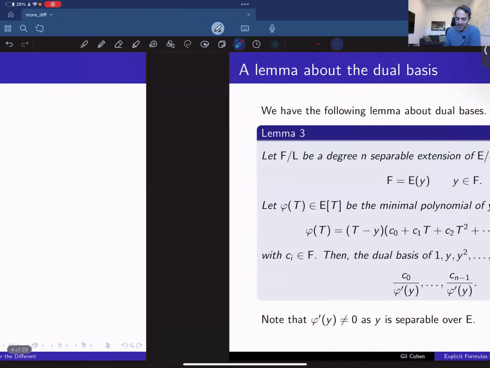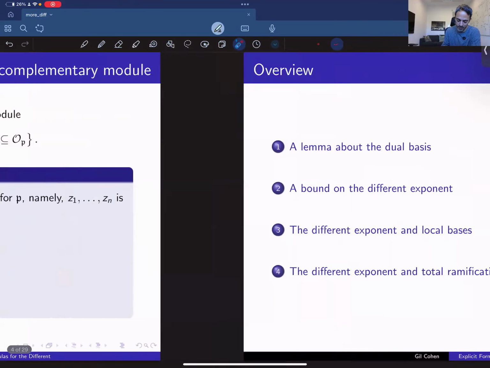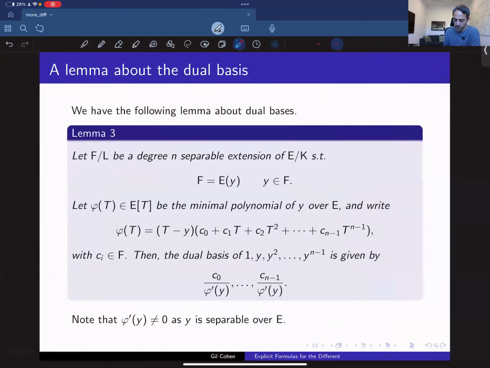Claim 2 tells us that if you chose a local integral basis and you have equality here, then the complementary module is precisely this ring with the zi stars as the dual basis. And lemma 3 told us what the zi stars are when the basis we care about is 1, y, y squared, and so forth.